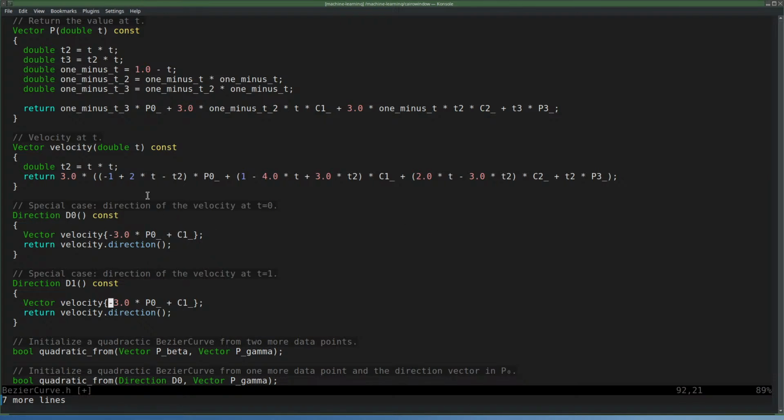This one is harder. -3 times P0, but not really, because you have to add 2. So now it becomes 1, so it becomes +3. But then again, minus the square. Oh, wait a minute, so it's just +1.